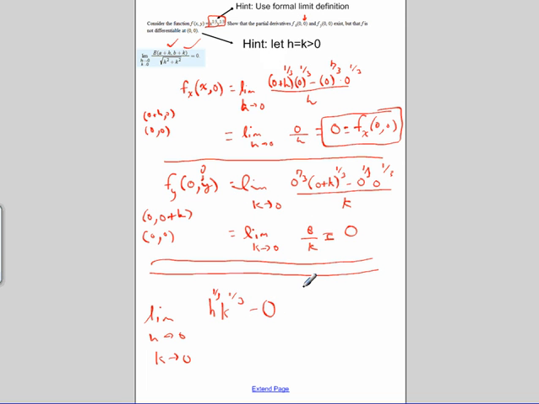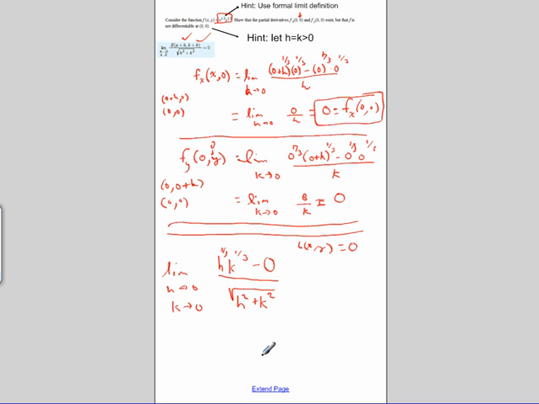The reason it's minus 0 is because my partials are both 0, and because at 0 my function is 0. My linear approximation is just 0 everywhere around the point 0, 0. And then we divide this by my distance, which is the square root of h squared plus k squared.